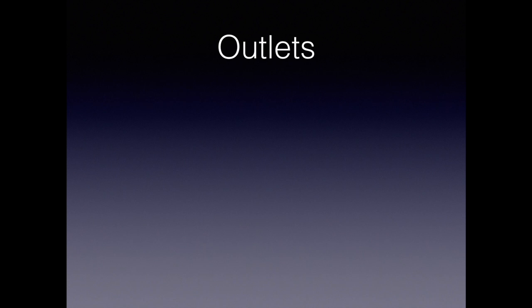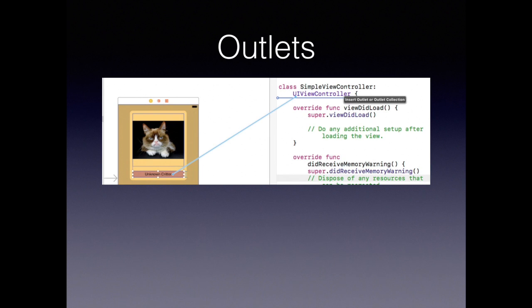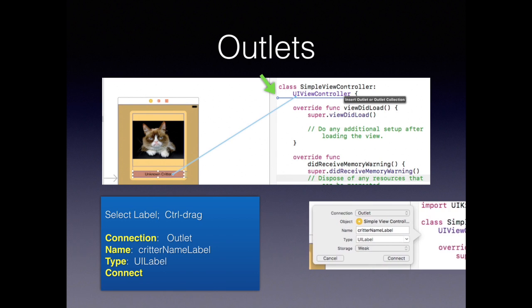The label is the first thing we're going to connect to the simple view controller, and that connection is made by putting the UI view and the code of the simple view controller side by side, and we can simply drag and drop from the label right to the view controller, and that will create a relationship between the two.